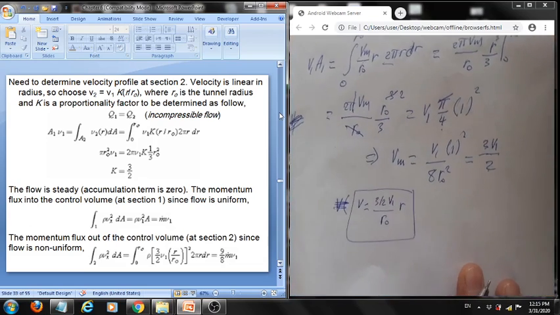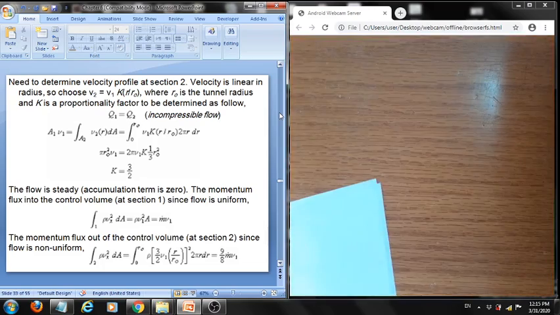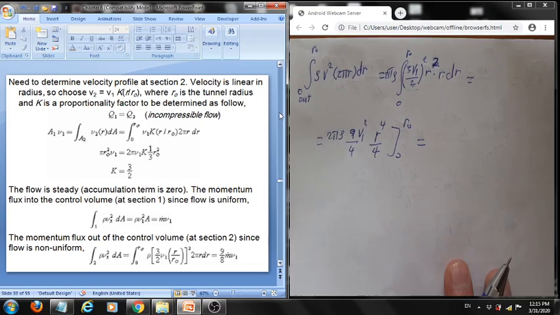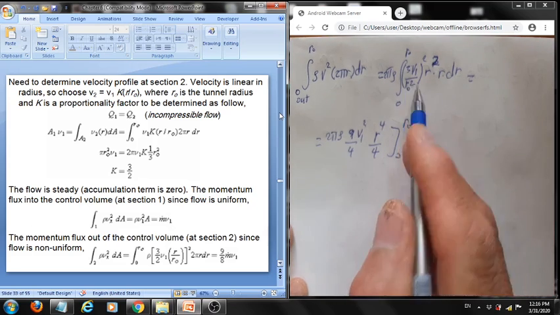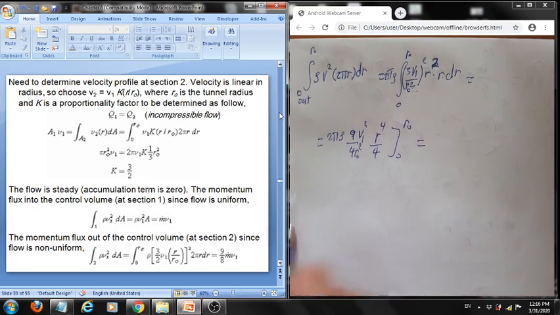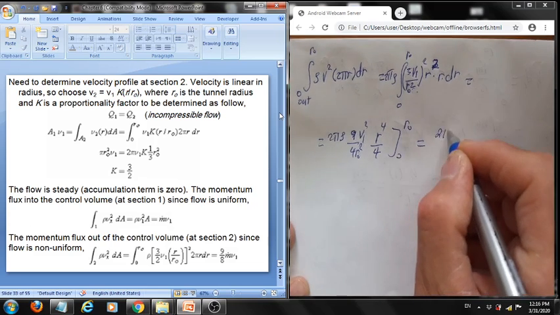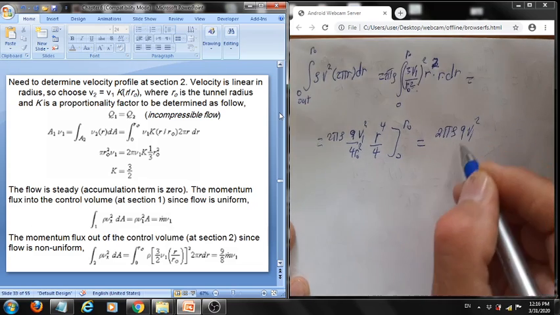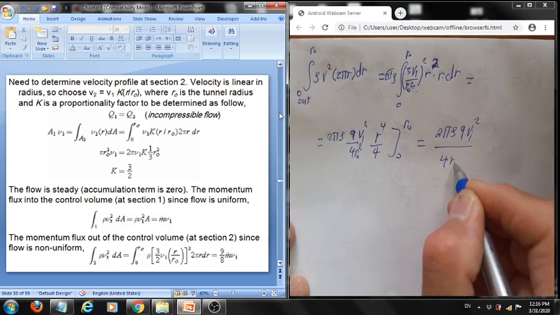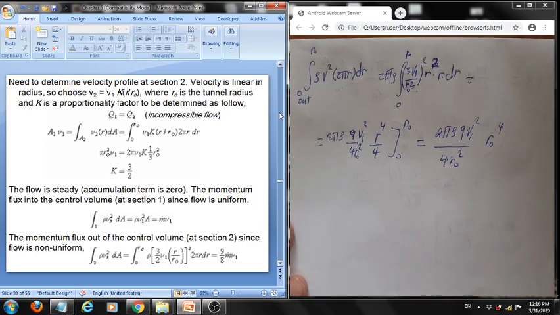For the velocity again, I forgot to put r naught in the denominator, so I should have included r naught here, squared, so it will be r naught squared, so the integration will become 2 pi rho 9 V1 squared over 4 r naught squared r naught to the 4th. So this is the momentum flux at the exit.